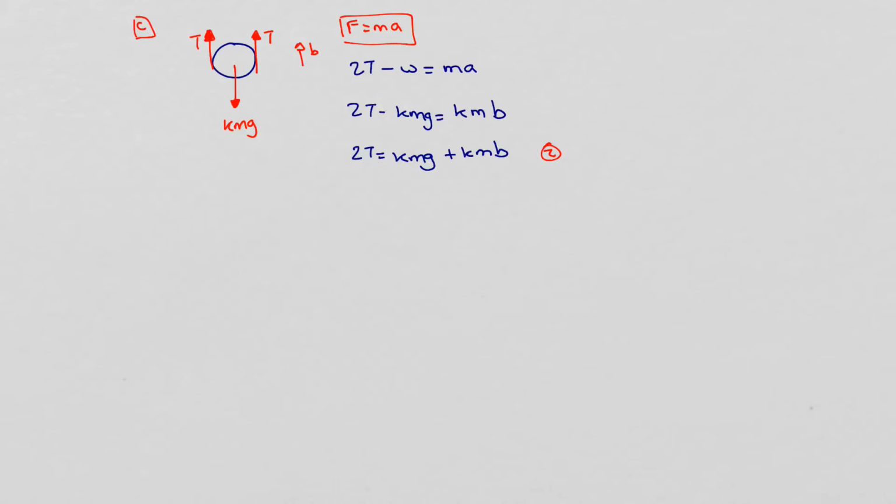Okay, so by doubling the first one, I will get 2T, which means I'm going to equate 1 and 2 because they'll both be equal to 2T. So by doubling the first one, I end up with 2mg minus 2ma.